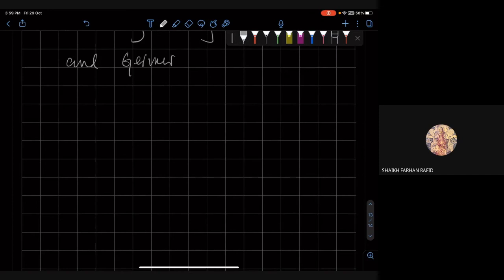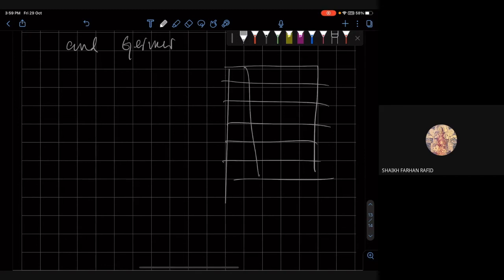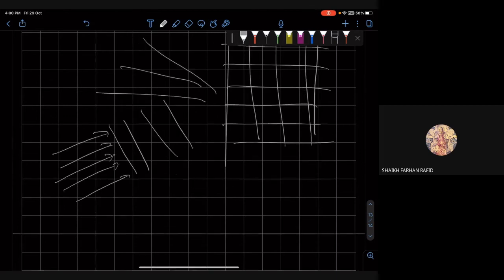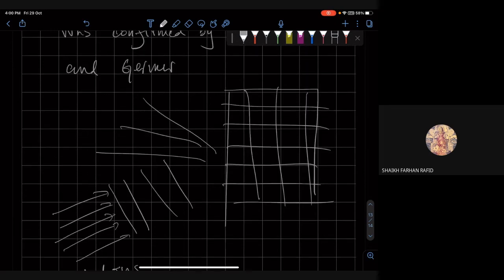What Davison and Germer did is that they took a lattice of nickel, a metallic nickel, and they shot electrons with the same energy so that they could mimic some sort of wave. And then they found an interference pattern. So these are electrons, and they found a diffraction pattern typical of wave diffraction.